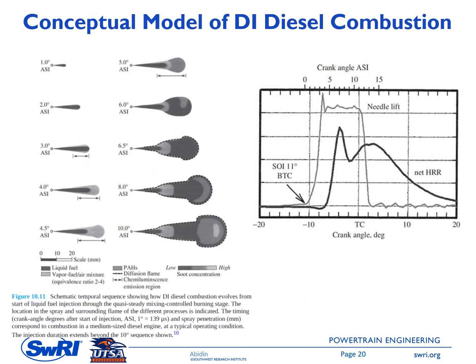Next, let's take a look at the conceptual model of direct injection diesel combustion. The picture on the left side shows the schematic of the fuel spray, and on the right side is the corresponding fuel injection profile and the heat release rate profile.